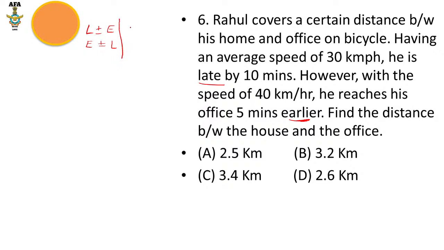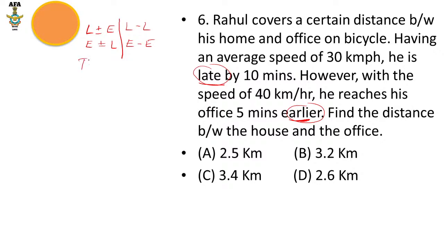If you get the case of both late, you will do L minus L, and for both early you will do E minus E. So if you get late and late, you just subtract the values. So it would be 10 minus 5, so it would be 5 minutes. I will discuss these questions.